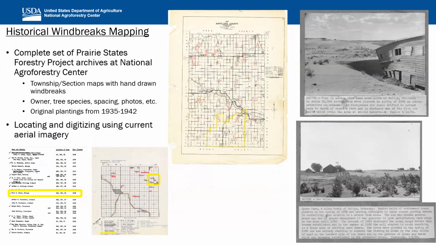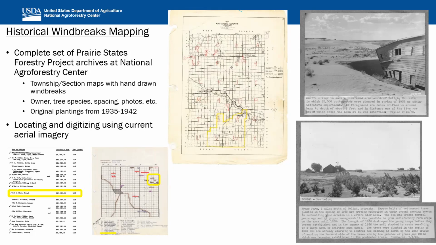A significant contribution by our now retired research technician, Richard Carmen, was to digitize some of these old maps where the original plantings were located and rectify that data using current aerial imagery. So here's what some of those old maps look like, some of the information with those, some of the photos from that time with some really great captions that give us some insight into this time period.